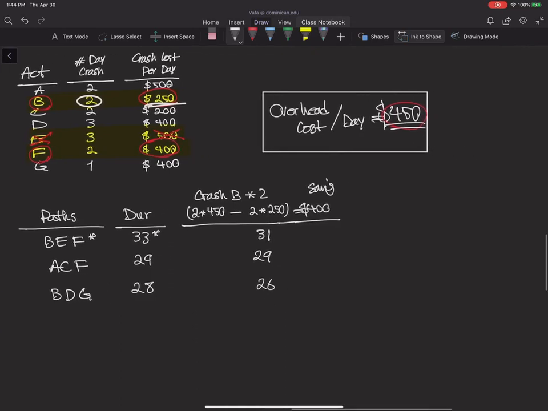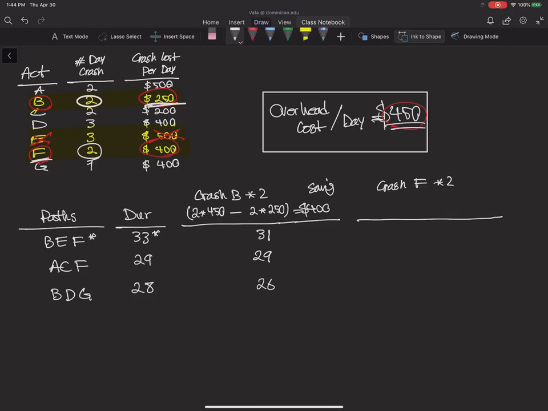Next thing that I can crash is, as I mentioned, activity F, and it can be crashed by 2 days. So I will do the same thing again. I crash F by 2 days, and the cost here is going to be 2 times $400.